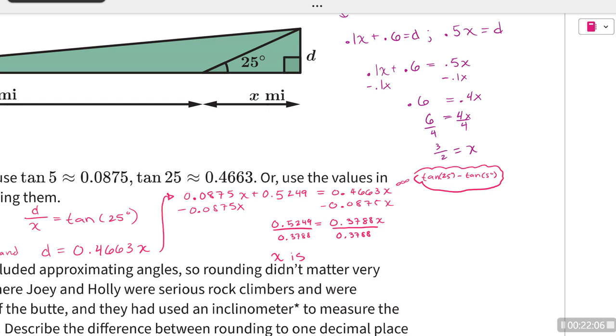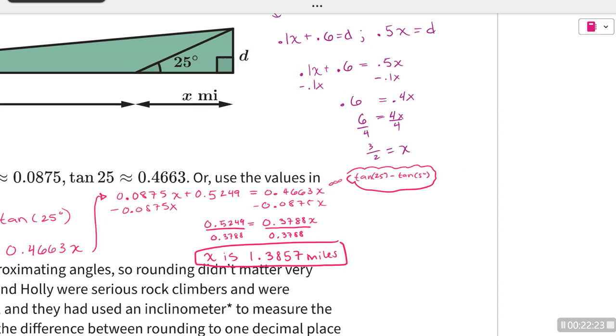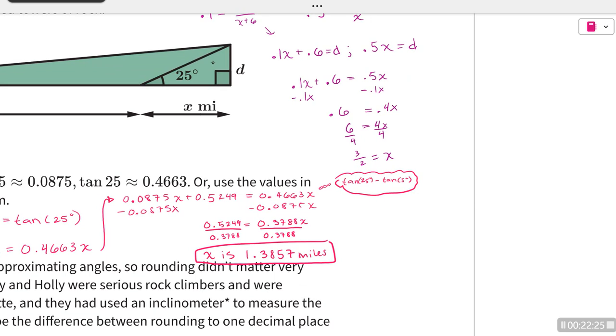My pen is not writing. Hold on. There it goes. Okay, 1.3857. Now the next number is 0, 6, and so on. So I'll go to there. So miles, because we only need x in miles.